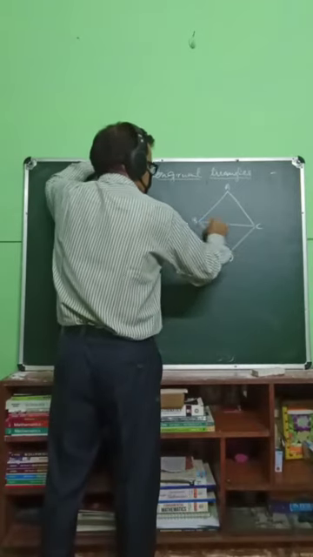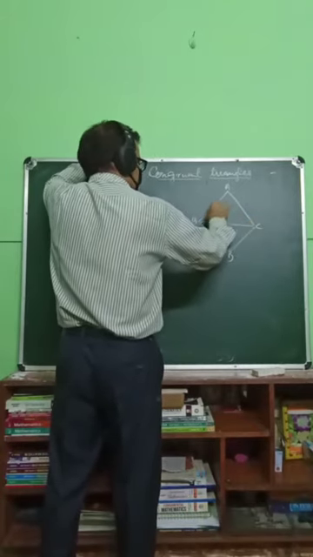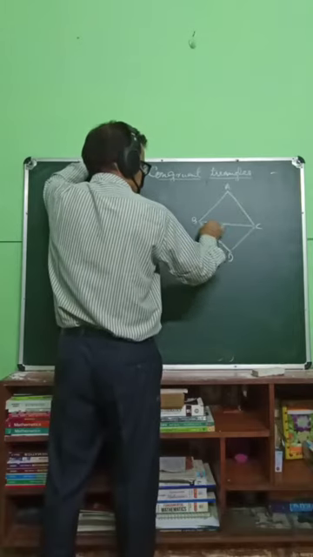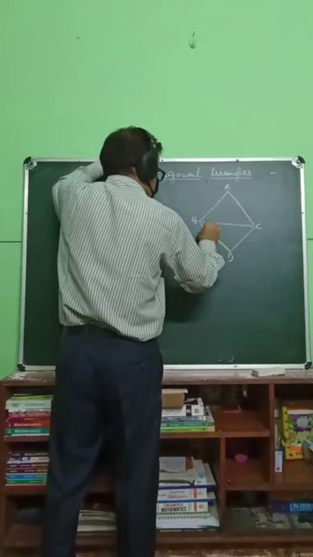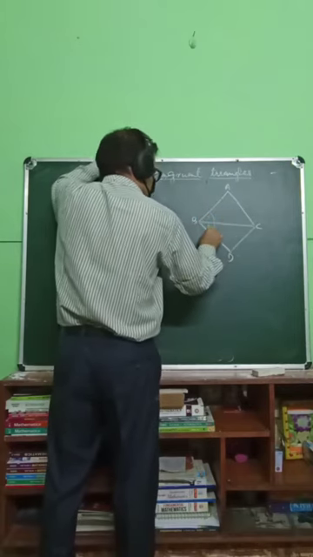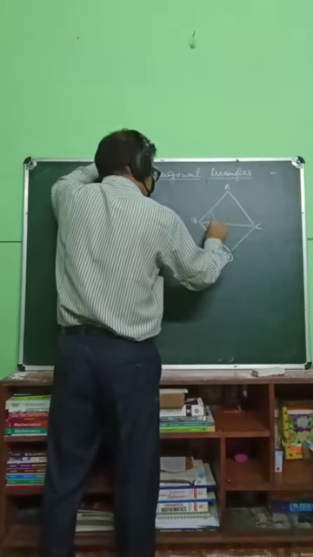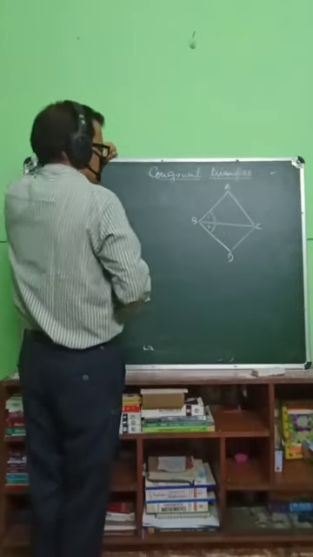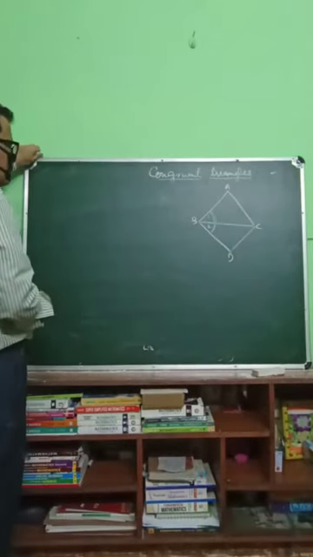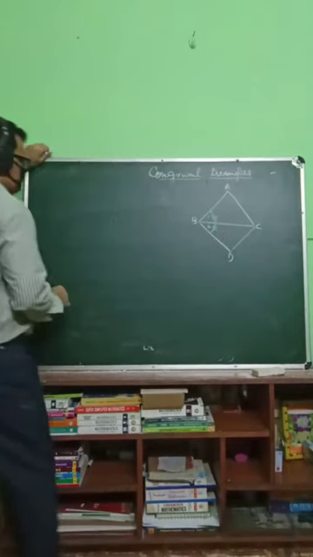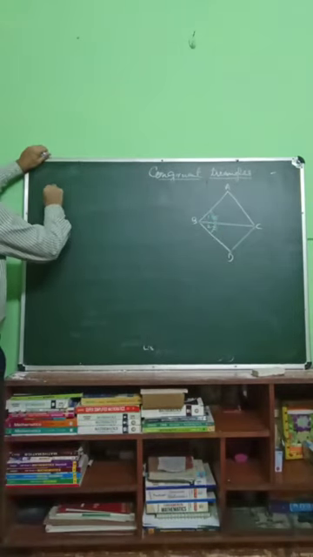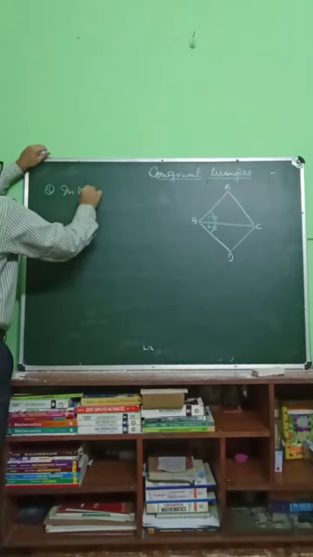Also, this BC bisects angle ABD. Angle 1 is equal to angle 2. Show that AC is equal to BD. This equal.